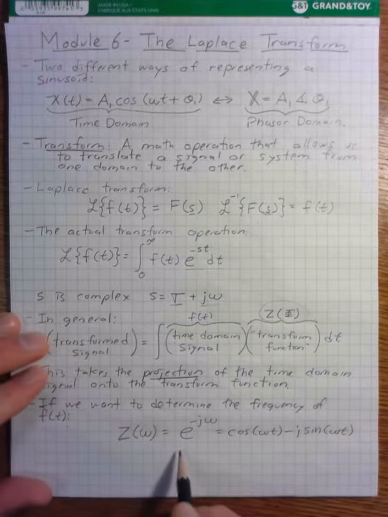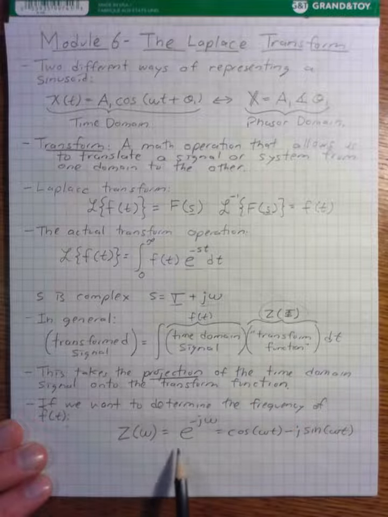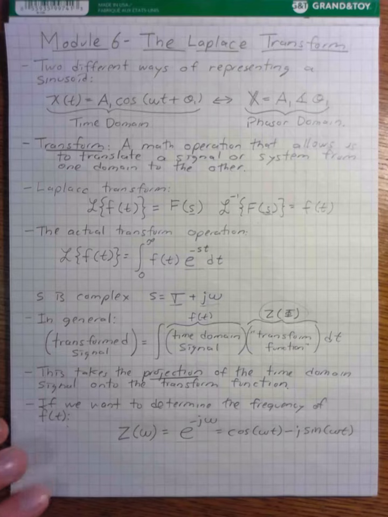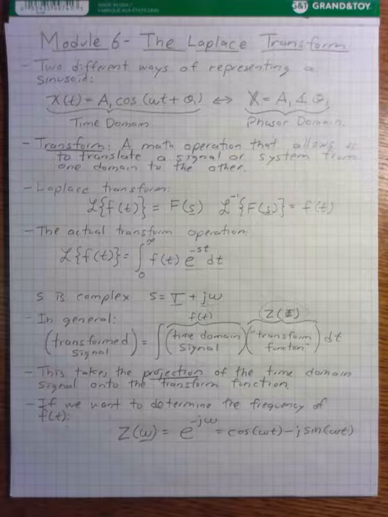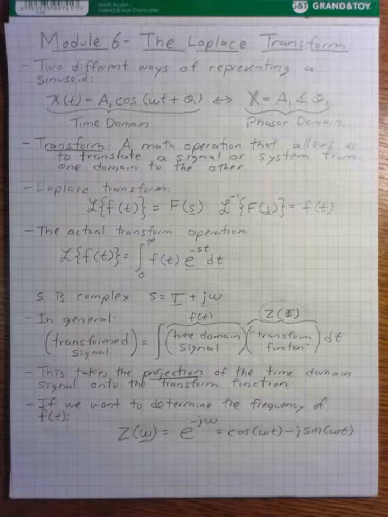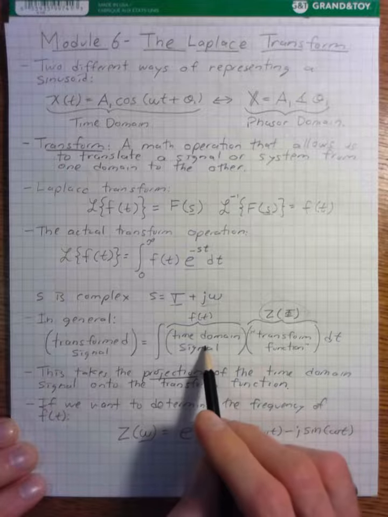By selecting this kind of transform function, we can take this e to the minus j omega t, multiply it by our time domain signal, and then sweep the value of omega back and forth. Once we get omega close to or the same as the oscillation frequency of f of t, we're going to get similarity between these two.